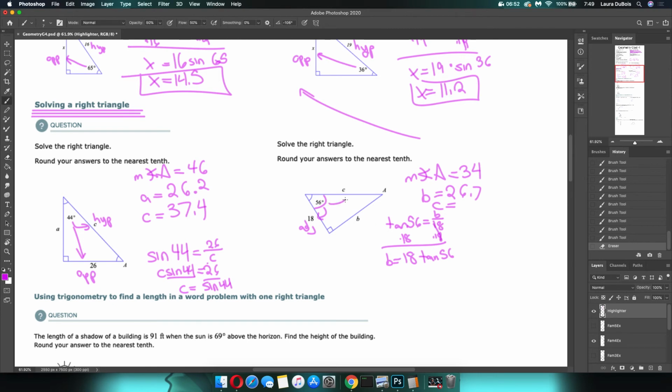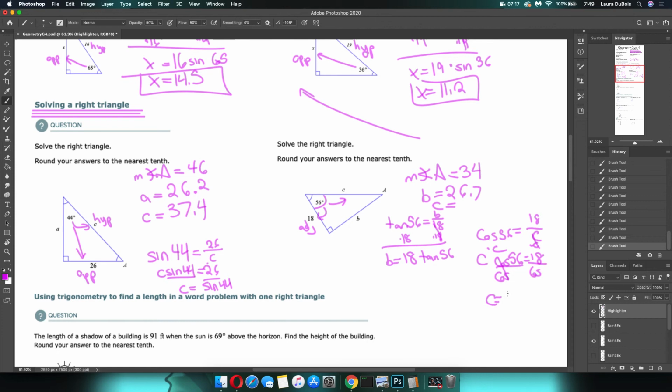Well, if it's a hypotenuse, then we have adjacent and hypotenuse, that's cosine. So I'm going to write lower this time. So cosine 56 equals adjacent over hypotenuse. So times C, C cosine 56 equals 18.